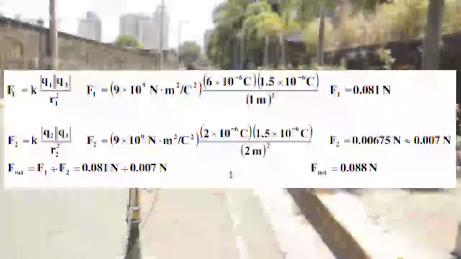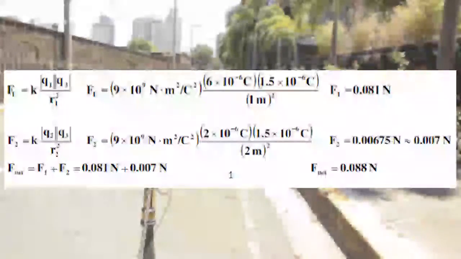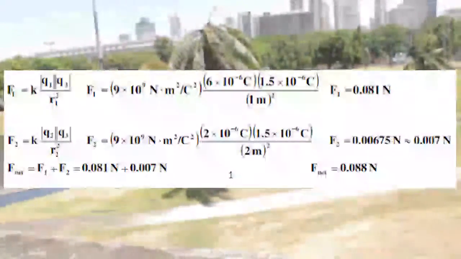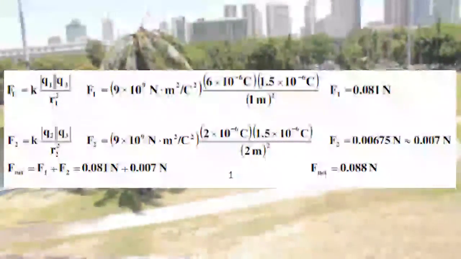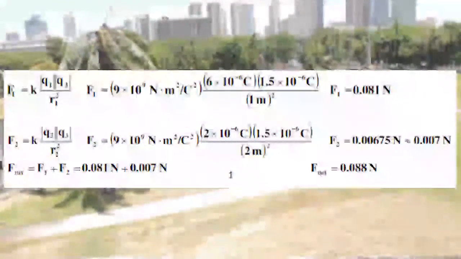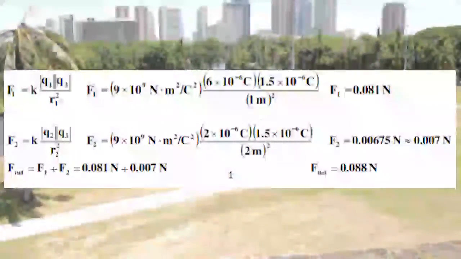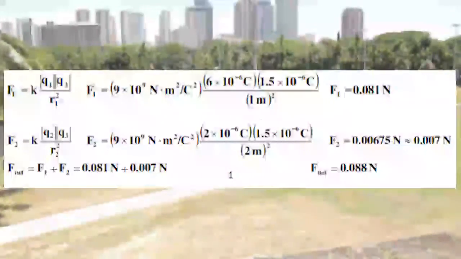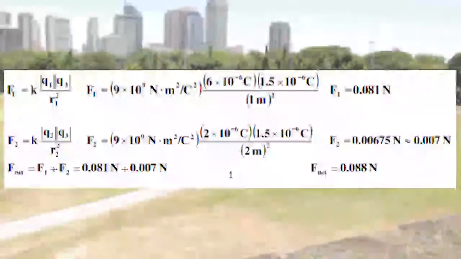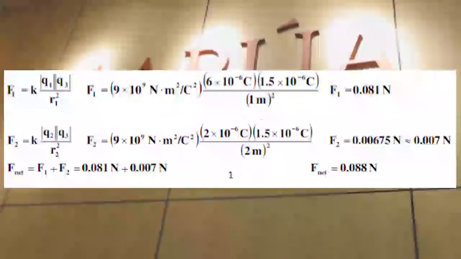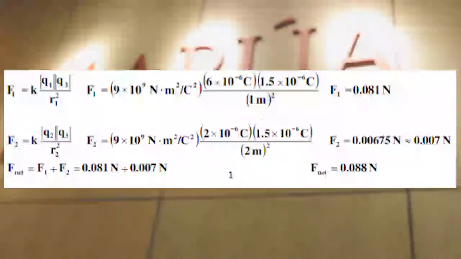The equation for F1 is F1 is equal to K times Q1 times Q3 all over R sub 1 raised to 2. 9 times 10 raised to 9 newton meter squared per coulomb squared multiplied by 6 times 10 raised to -6 coulomb times 1.5 times 10 raised to -6 coulombs divided by 1 meter squared. F1 is equal to 0.081 newton.